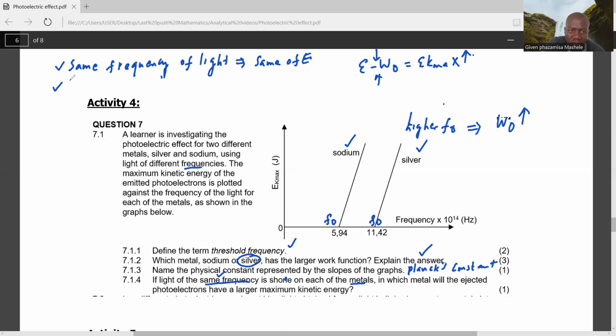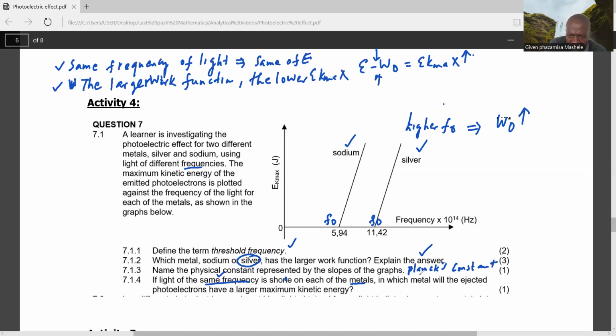We know the larger the work function, the lower the EK maximum, because they're inversely proportional.